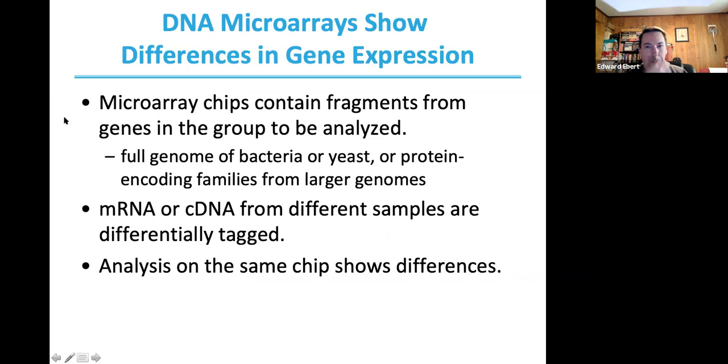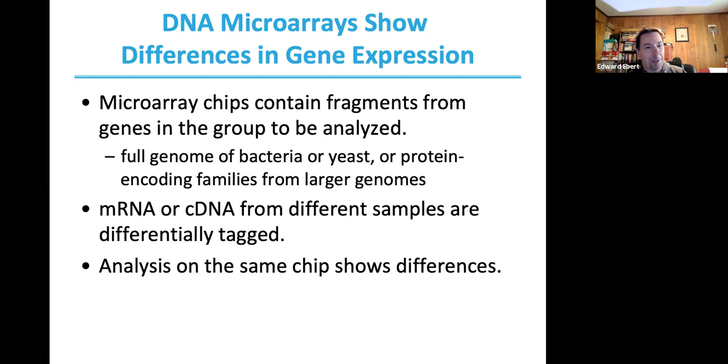All right. Let's switch gears and talk about microarrays a little bit. Our microarrays or microarray chips contain fragments from genes to be analyzed. So we basically take an entire gene and we chop it up into a whole bunch of different pieces. All right, and then we can figure out what pieces are where.